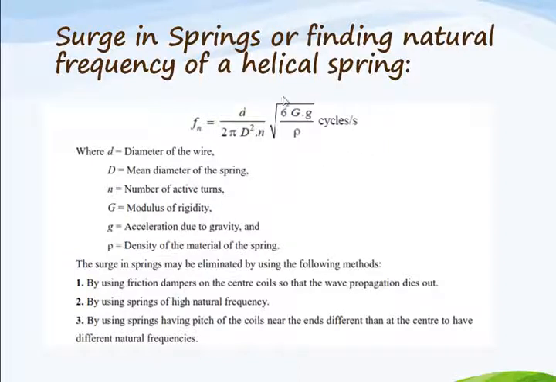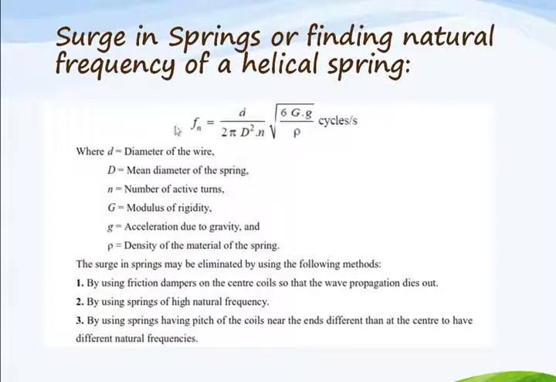If this spring is used in a machine, and the machine causes a frequency equal to the natural frequency of the helical spring, then the spring will fail. So the vibrations or frequencies caused by the equipment should be less than this natural frequency, then the spring won't fail. For that purpose we have to calculate this natural frequency for helical spring for a safe design.